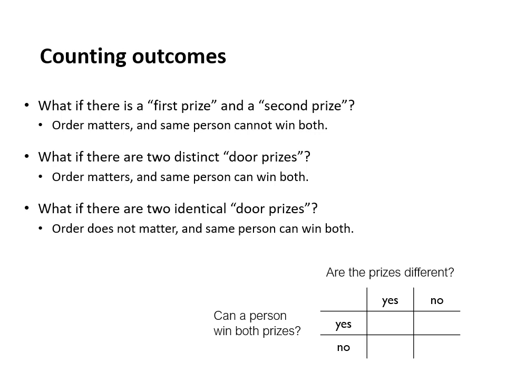Then the 2 prizes are identical. That means that order does not matter and same person can win both. And so I enumerated these in this handy table in the bottom right that you can see here.